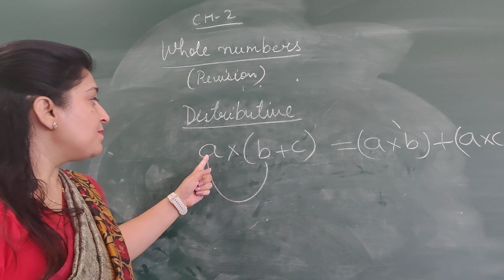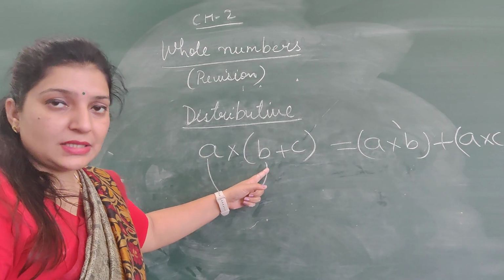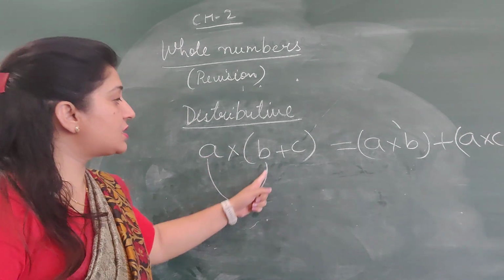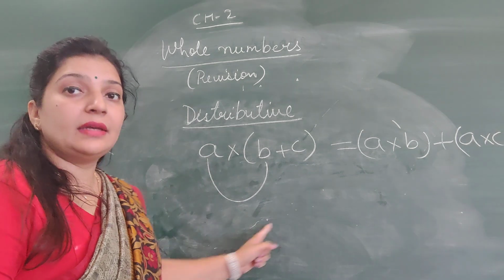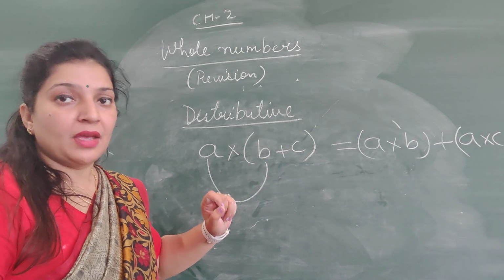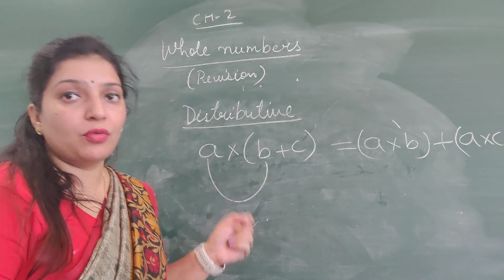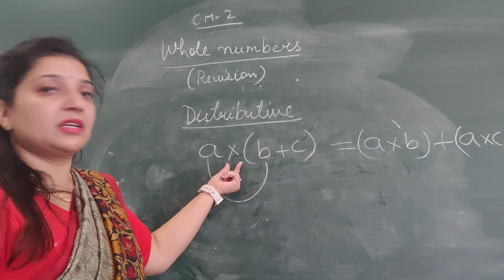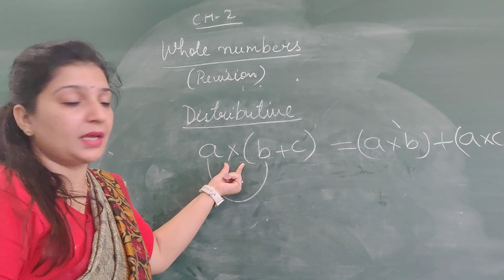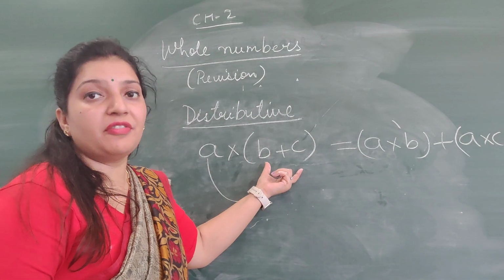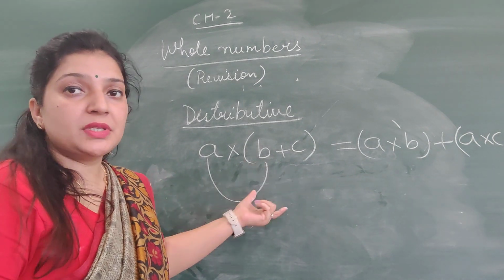Here you can see when we are opening the bracket, this A is being distributed over B and then it is distributed over C. Why are we calling it multiplication over addition? The first symbol that we have is multiply, we are multiplying on the sum, that is B plus C. So I hope this is clear.